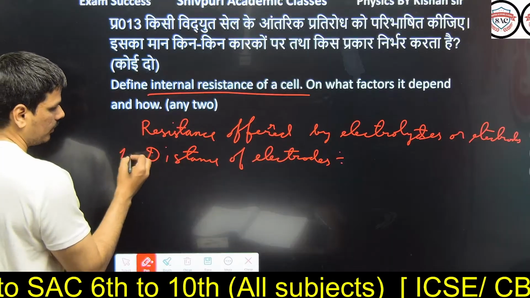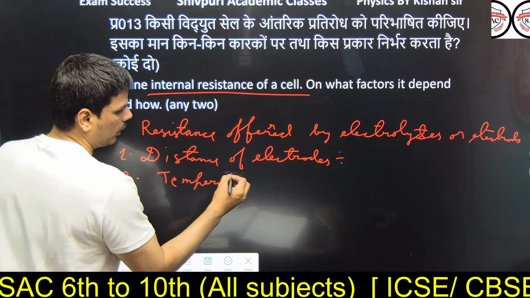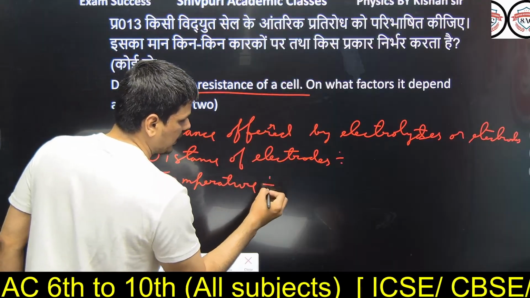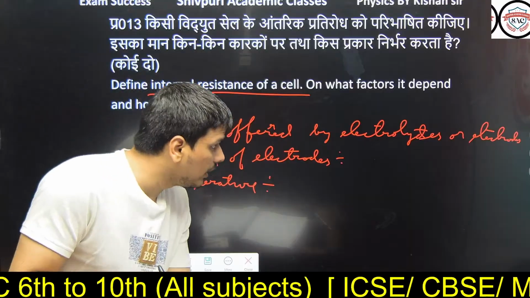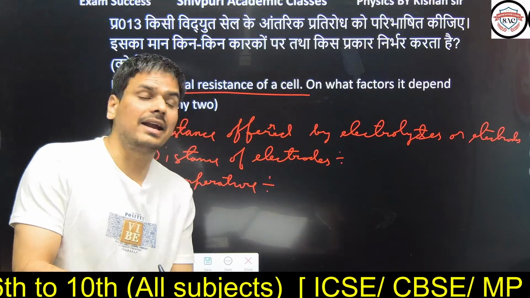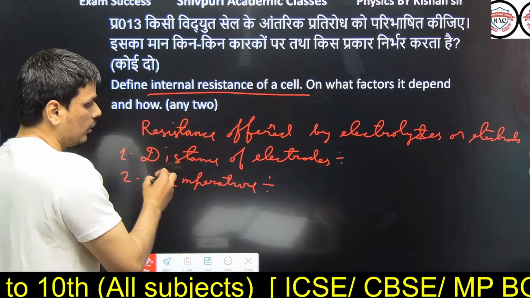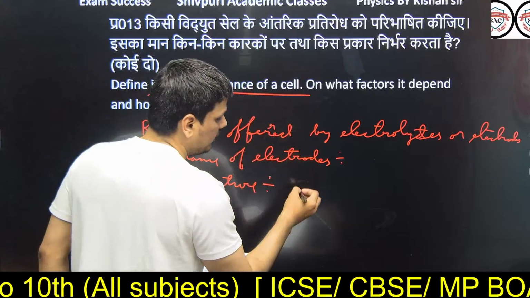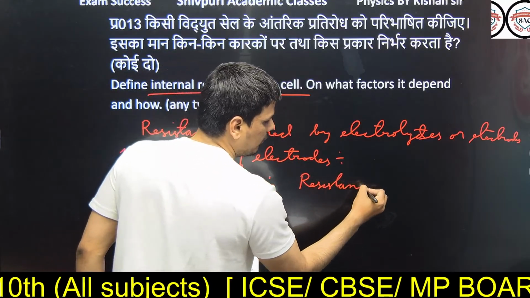The second thing is the temperature. If we increase the temperature of any electrolyte or any cell, its ions will get kinetically charged, so they gain kinetic energy. So if we increase the temperature, the resistance will decrease.